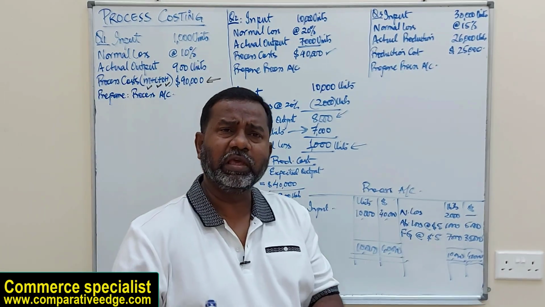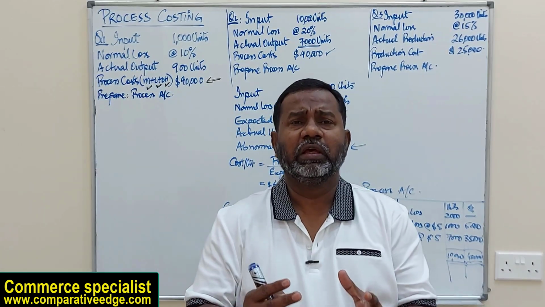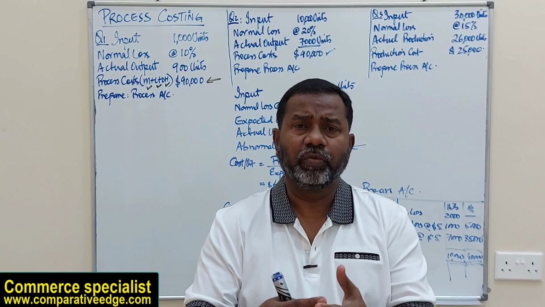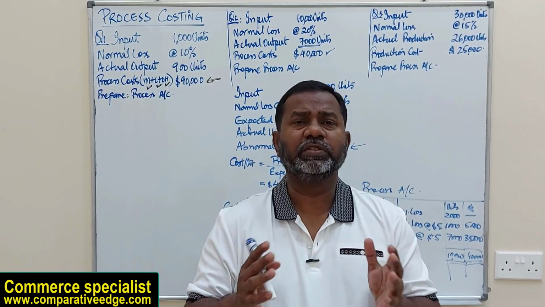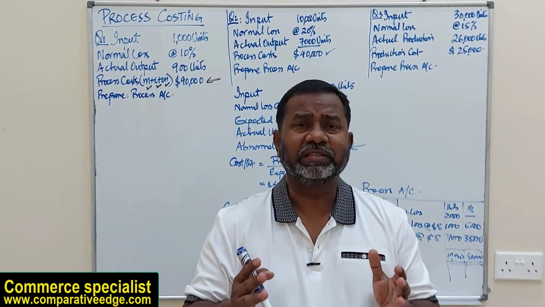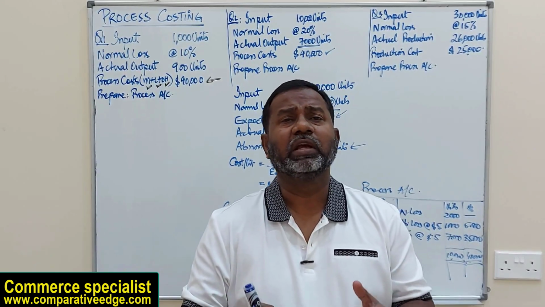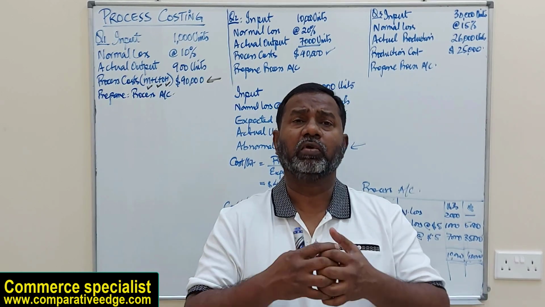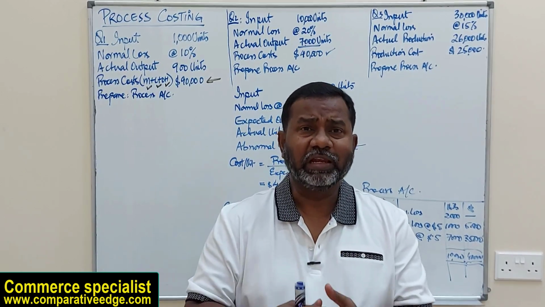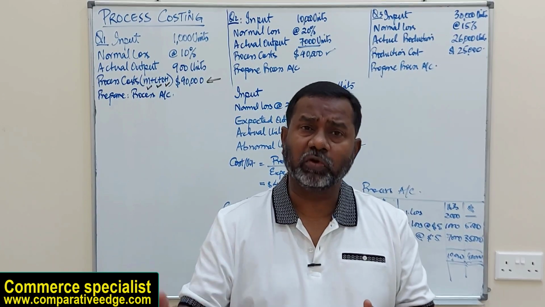Now you would be thinking, why are we attaching a value to abnormal loss and not to normal loss? Please note that abnormal loss is a loss which can be claimed for insurance. So if our goods are insured, we can claim our abnormal loss from the insurance company.